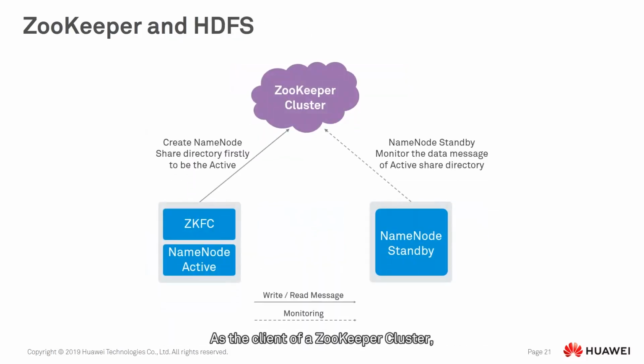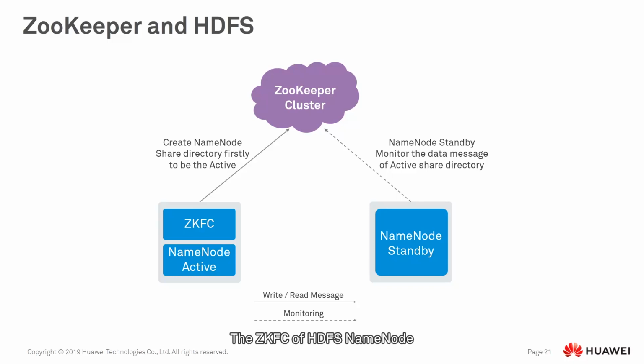As the client of a ZooKeeper cluster, the ZK failover controller monitors the state information of the NameNode. The ZKFC process is deployed on both the active node and standby node of the HDFS NameNode.